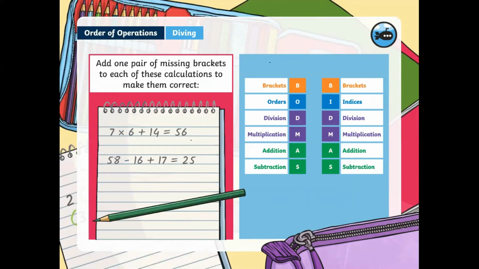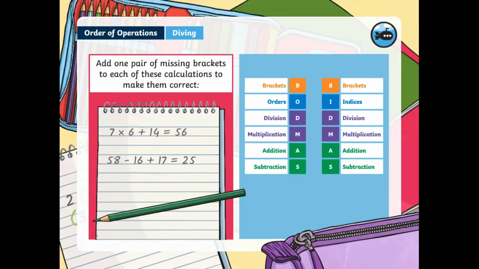So what does this mean? There's a list of brackets, orders, division, multiplication, addition, and subtraction. This is actually a list of a specific order that you will perform calculations with.